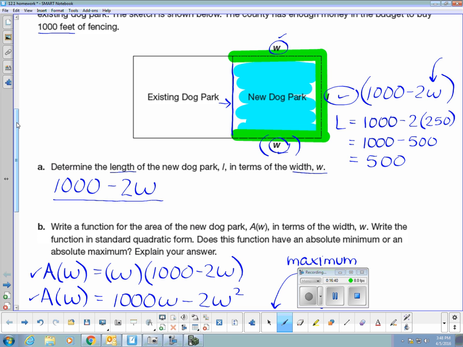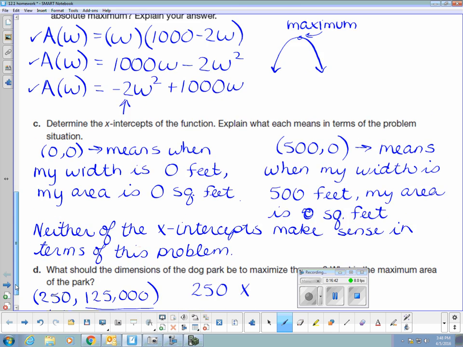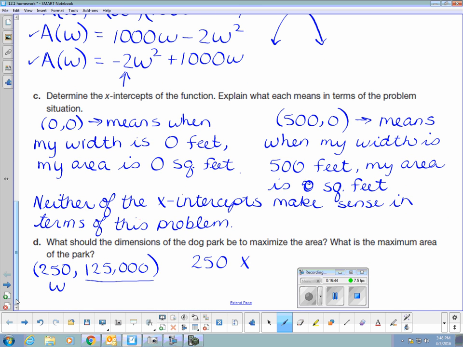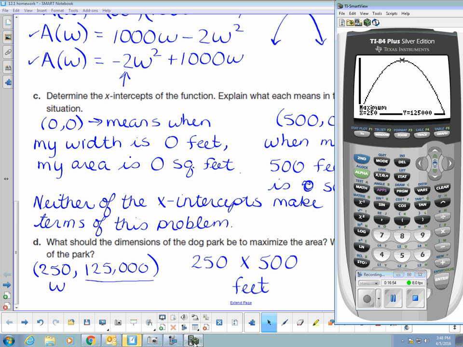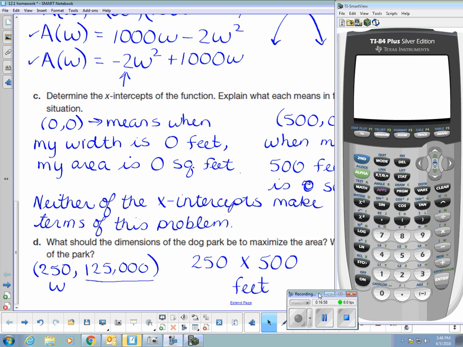So my dimensions are 250 by 500. And I just want to make sure that does give me my maximum area. So I'm going to check: 250 multiplied by 500 gives my maximum area of 125,000 square feet.